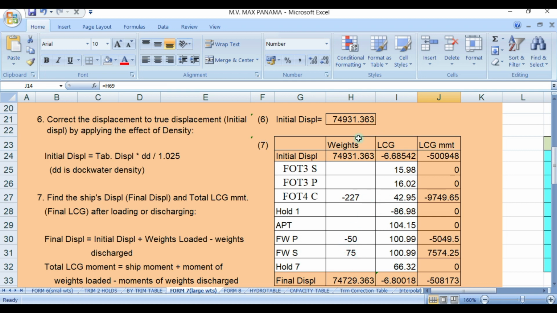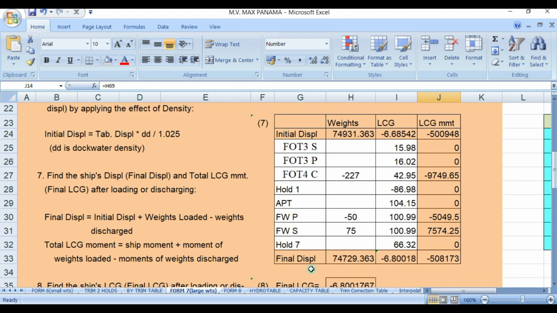Okay, so we do the computation. By way of computation, your final displacement is the initial displacement minus your fuel consumption, minus your freshwater consumption, plus your production of freshwater.